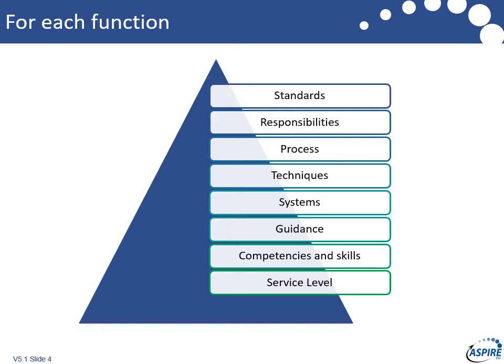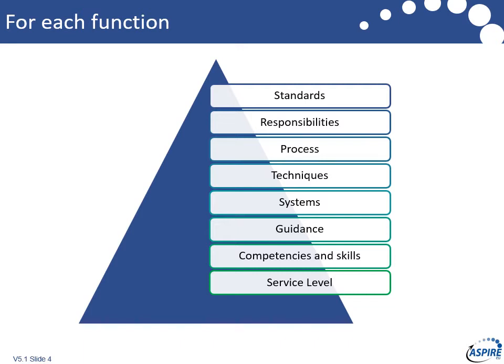So for each function, when we're thinking about how do we define what needs to happen, the PMO, whether it's as a portfolio hub or whether it's operating as a Centre of Excellence, needs to think in terms of setting standards. That is the number one thing it has to do. All the other stuff can follow. There is an order that we need to follow in this sort of stuff.